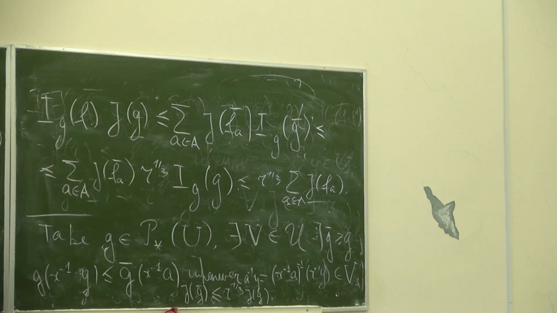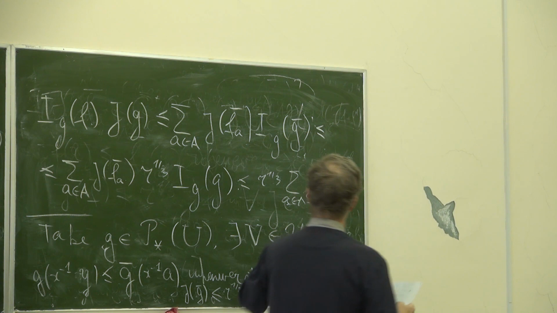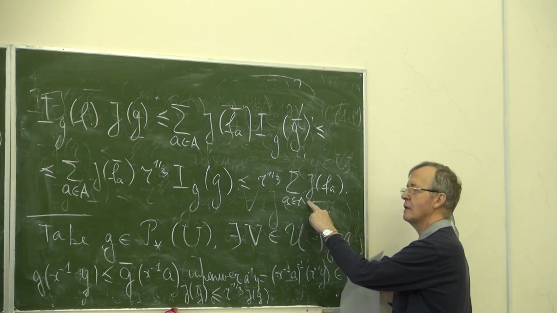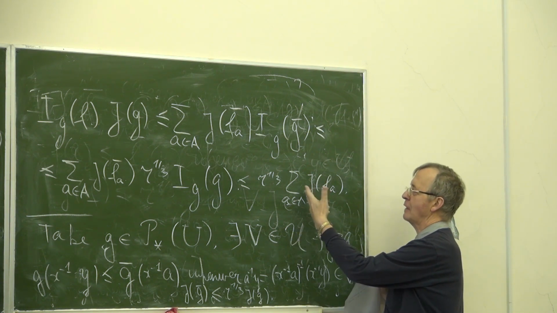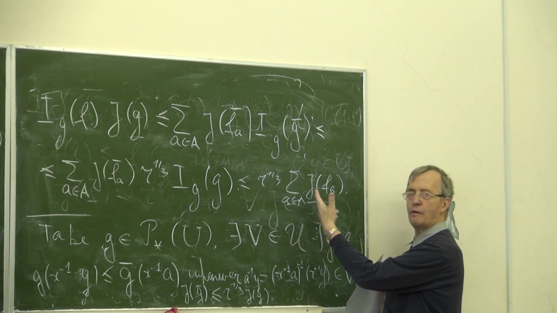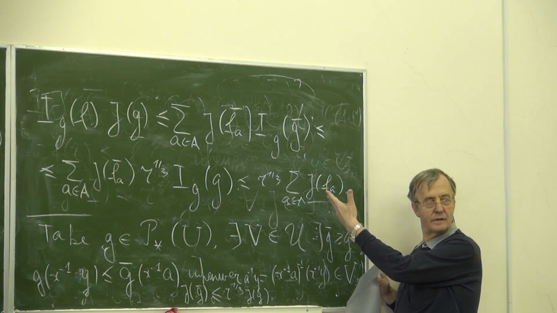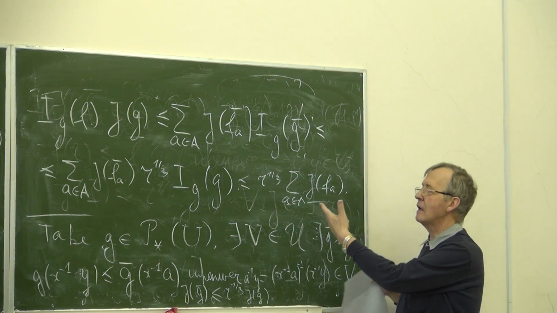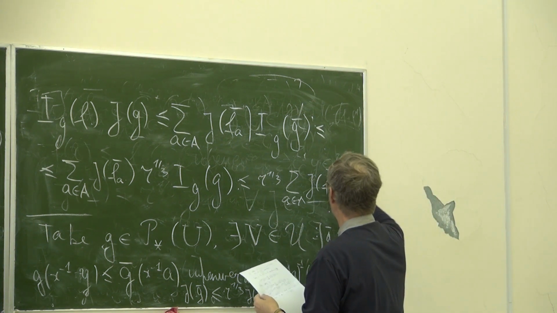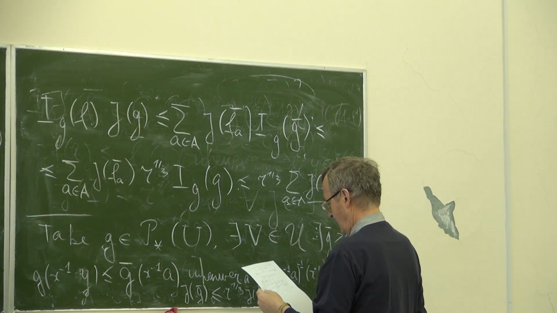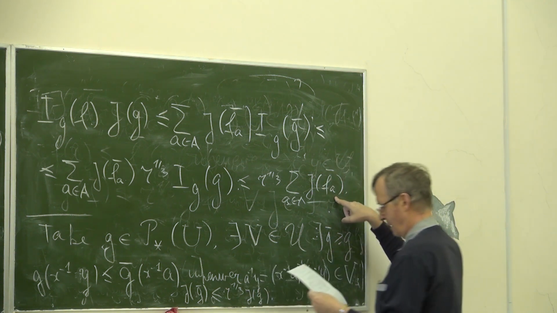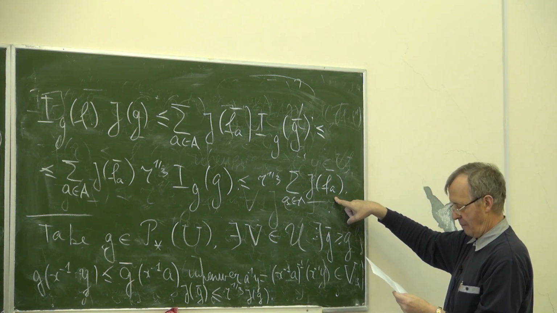And now what does it remain? It remains, consider two cases. First, where this functional j is additive. And then the sum is simply equal to g of f. Yes? If it is additive, then the sum of fa is f. What is fa without a bar. Bar. This is j of f bar, yes? This is j of f bar, simply.